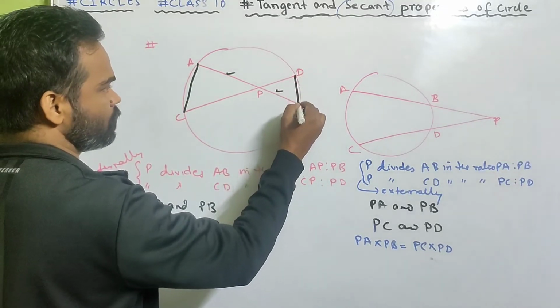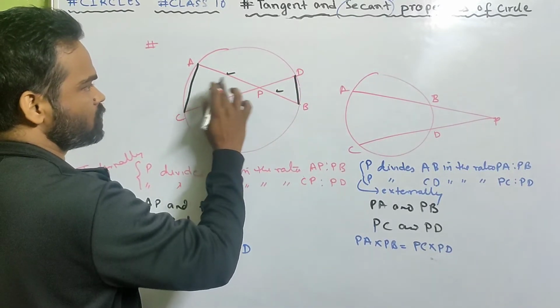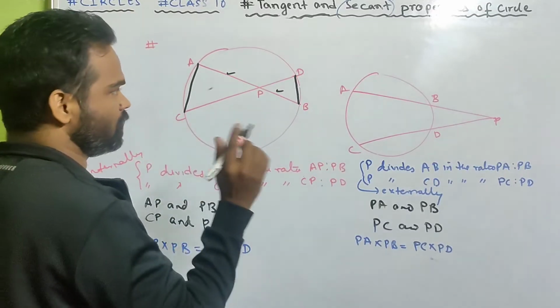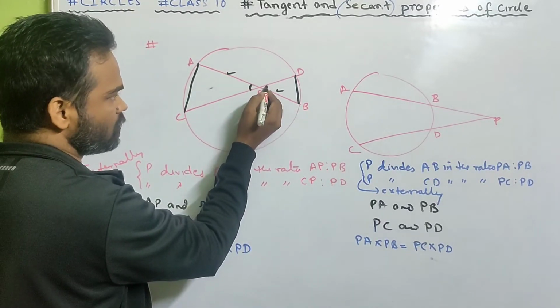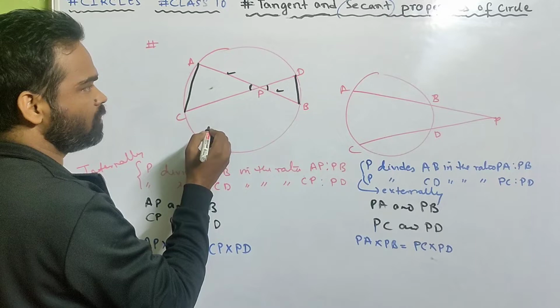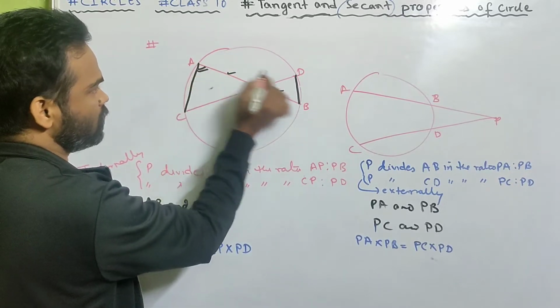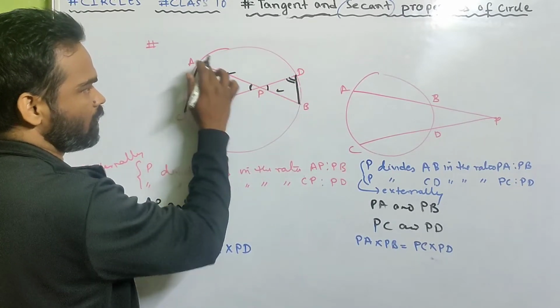Okay? These two triangles, I'll prove them similar. This angle and this angle are equal, vertically opposite angles, and this angle is equal, angle in the same segment.